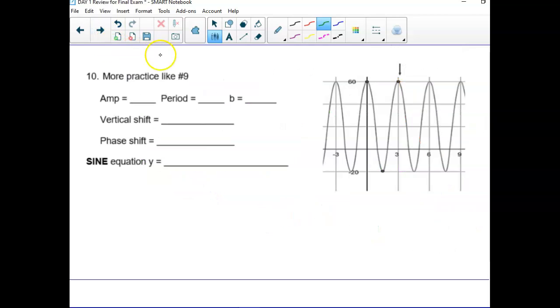It's kind of an ugly one, so I'll go through it kind of quick, but if you want a sine equation out of this, you might start over here. Say it's crossing the midline. Okay. I don't think it's this nasty on the quiz, but if this is 3, halfway there would be here, which would be 3 halves.